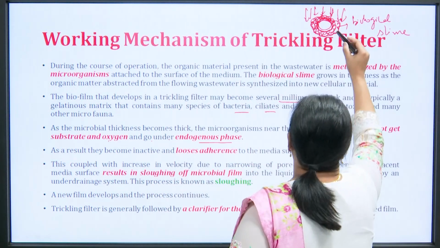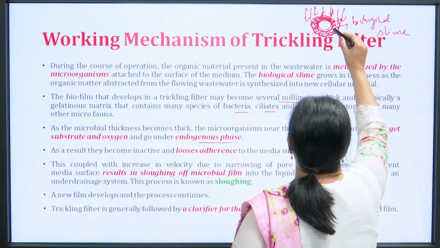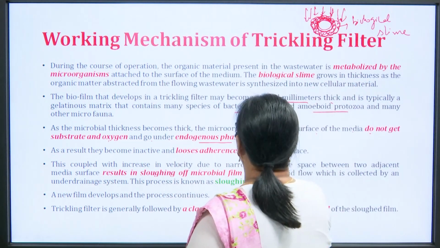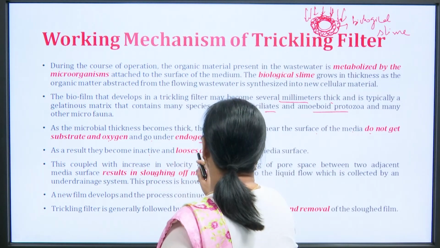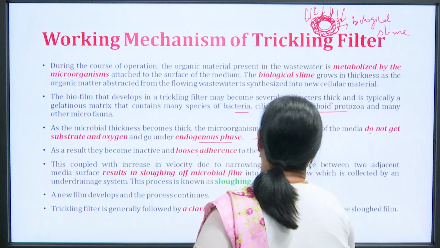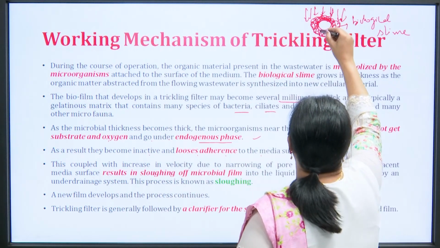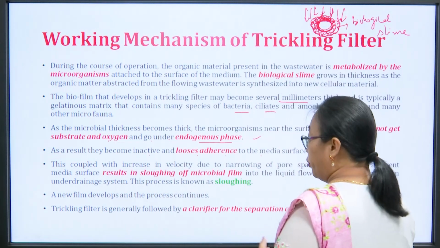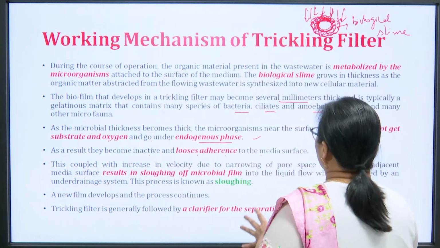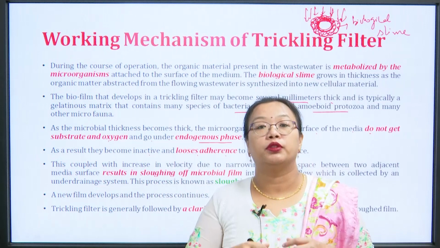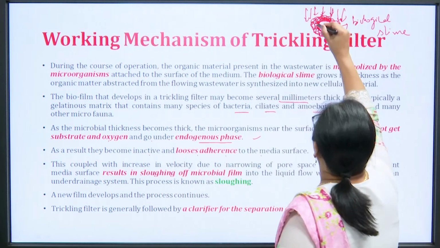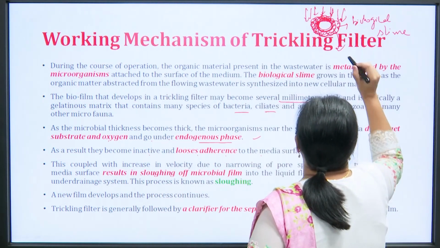So, that is what is happening. They start dying off and they go into the endogenous phase. Okay. As a result, they become inactive and loosen adherence to the media surface. So, they are not able to stick, they are not able to do their work, and then what will happen? They will not be able to hold on, and these things will break off, they will fall off.